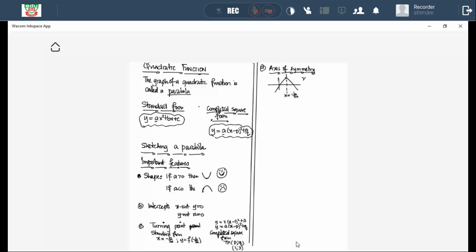Remember, at the turning point, that's where your p is. So you either calculate it as x is equal to negative b over 2a, or x is equal to p. The latter is in completed square form, and the former is when the expression is in standard form.